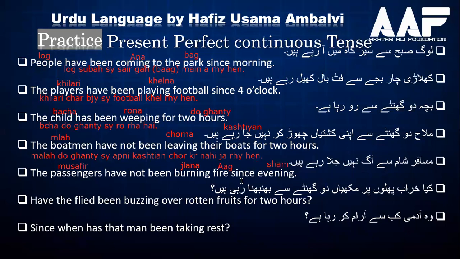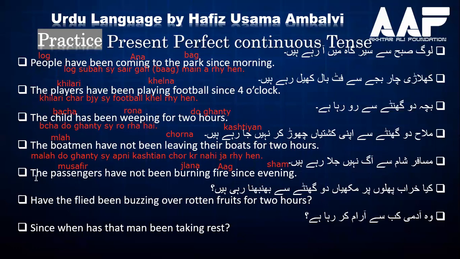So again, we have to just focus on our sentence structure. That subject we have musafir. After that we have time, which is sham, and after that we have object, which is aag, and after object we will write verb, which is jalana.